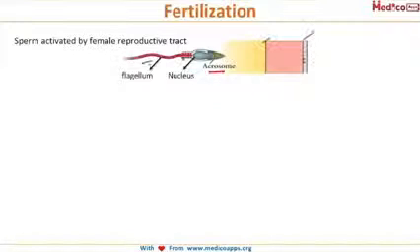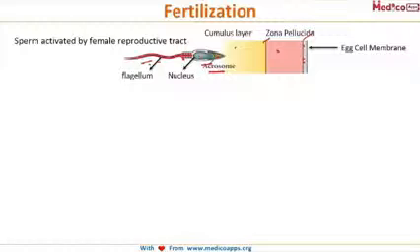And this entire process can be seen beautifully depicted in this diagram. Here we can see a mature sperm with a nucleus, a middle piece, a tail and an acrosomal cap. And this diagram depicts the cell membranes of the oocyte, namely the egg cell membrane or the vitelline membrane, the mucoprotein layer that is the zona pellucida, and the outer layer that is the cumulus layer or you can say corona radiata.